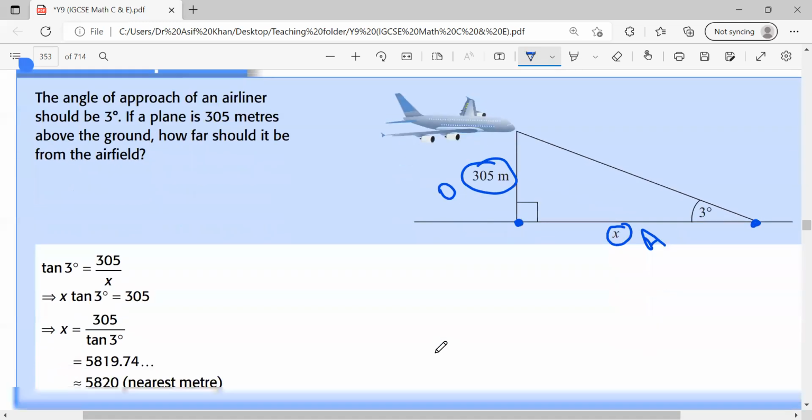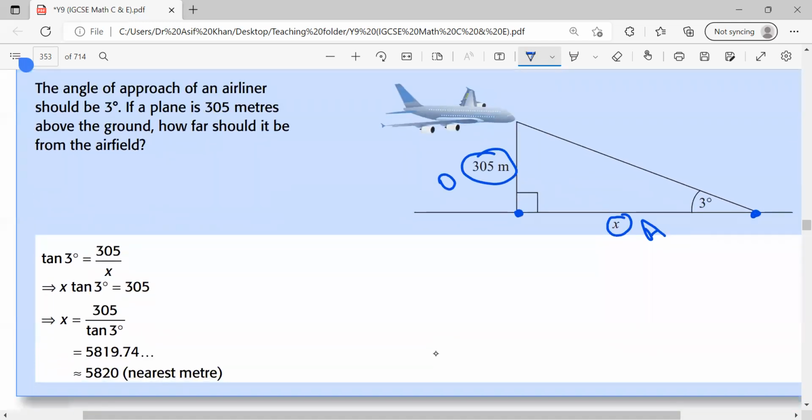I will show you the calculation. See, the angle was 3 degrees, and tangent 3 degrees is 305 over x. 305 is opposite and x is adjacent. Here you can see x was dividing, so when you cross multiply, x goes beside tangent. x times tangent 3 degrees is equal to 305.